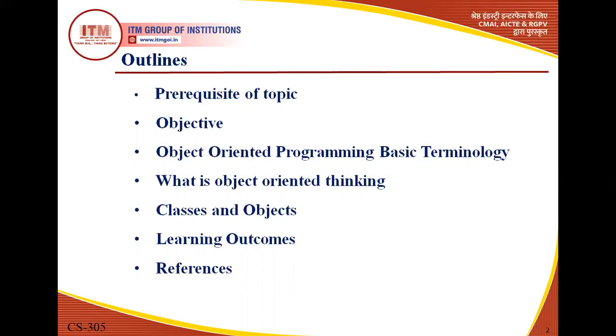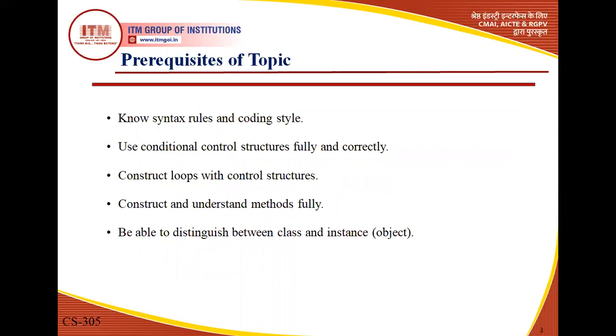Now, next we'll consider a thinking approach which is known as object-oriented thinking. Next, we'll consider two very basic terms related with object-oriented programming. The first is classes and the second one is objects. So students, here we are seeing that there are very basic approaches we'll use here.